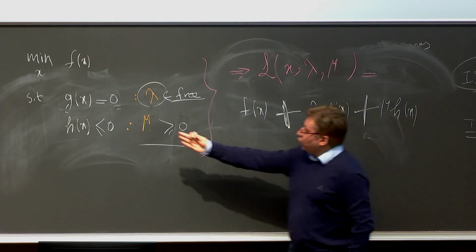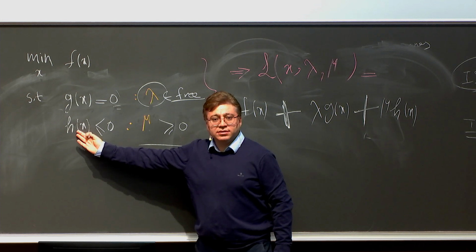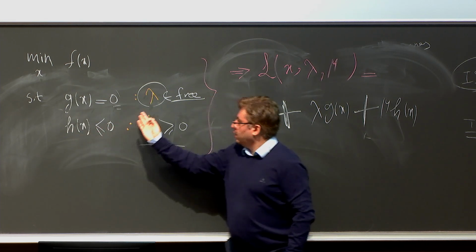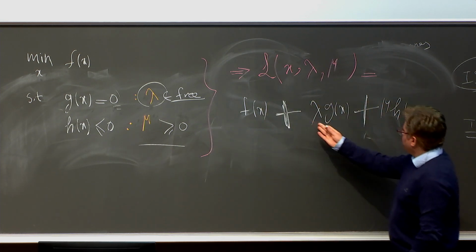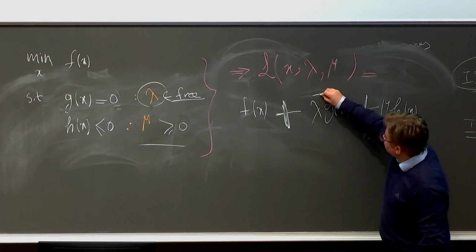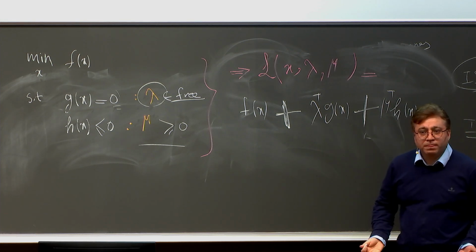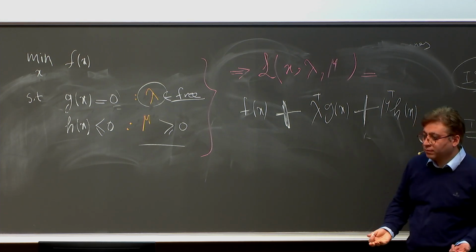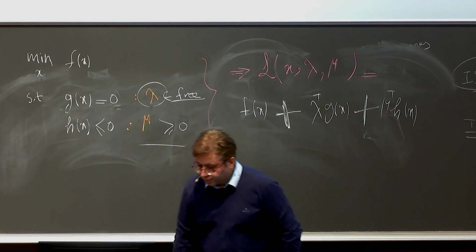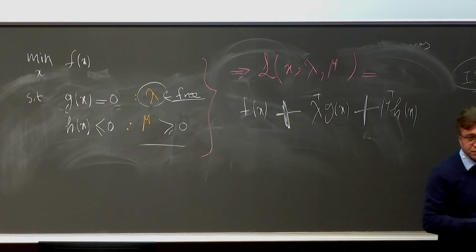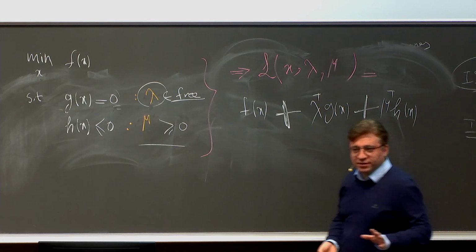If these are vectors, for example, you have 5 equalities, 10 inequalities, then you have 10 lambdas and 5 mus, and you write all of them that way. So I put lambda transpose and mu transpose if you have a vector of them. If there is only 1, it's only 1. So this is the Lagrangian function. Clear? So far easy, right?